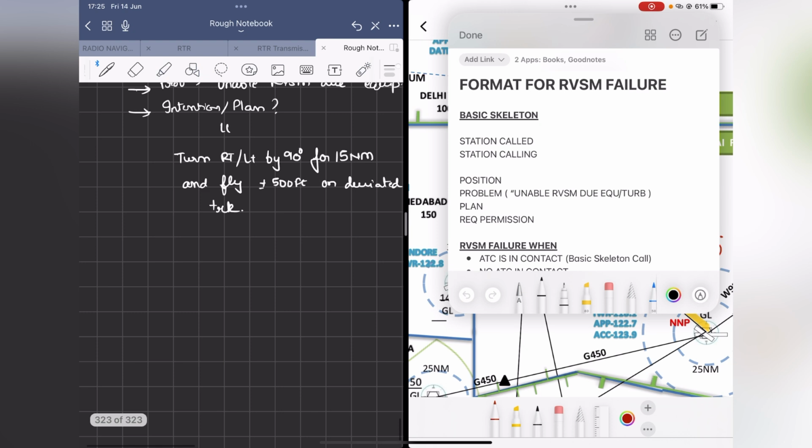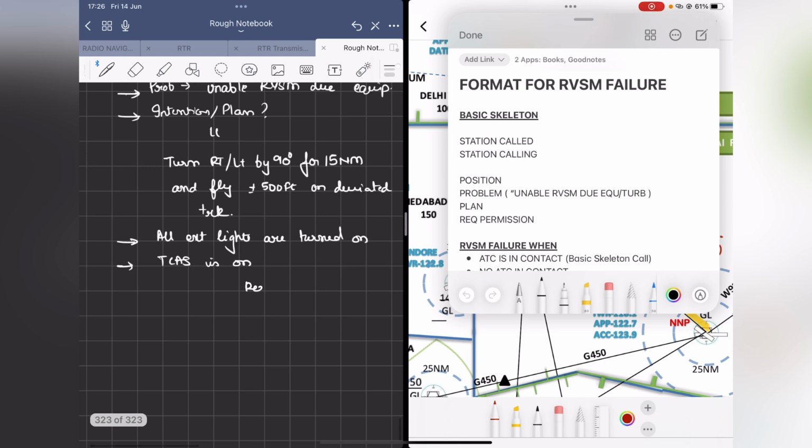Okay? All external lights are on. TCAS is on. Right? Keep a lookout. So now these are phrases. I want you to remember them as they are.